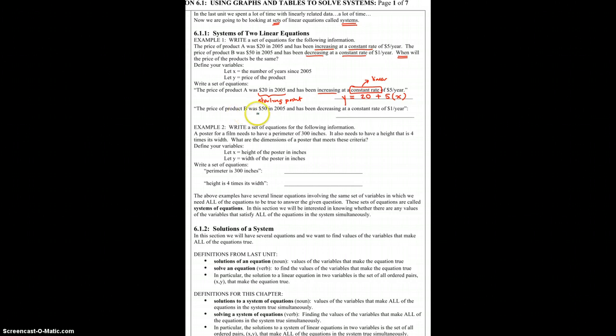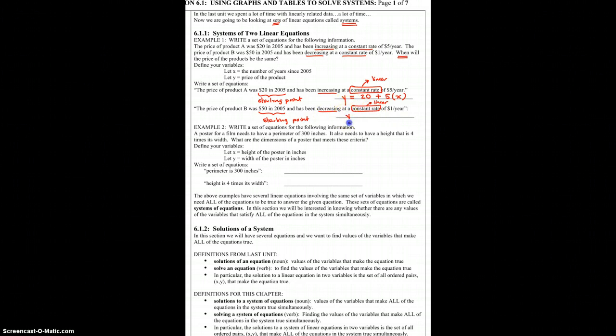Now the price of product B was $50 in our starting year. So this is like our starting point. But it's been decreasing at a constant rate of $1 per year. Again, here are those words, constant rate. And so if we've got variables changing at a constant rate, we know we have linearly related data, and so we can write a linear equation to describe the relationship between those two variables.